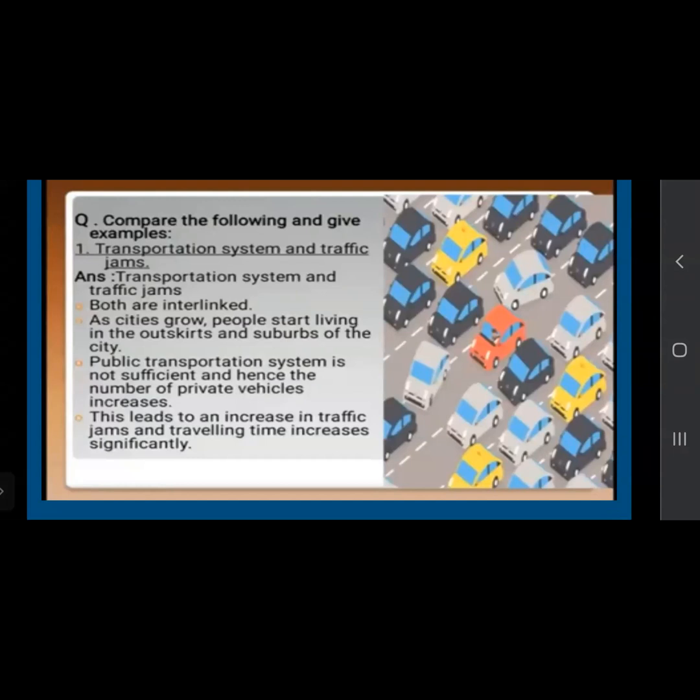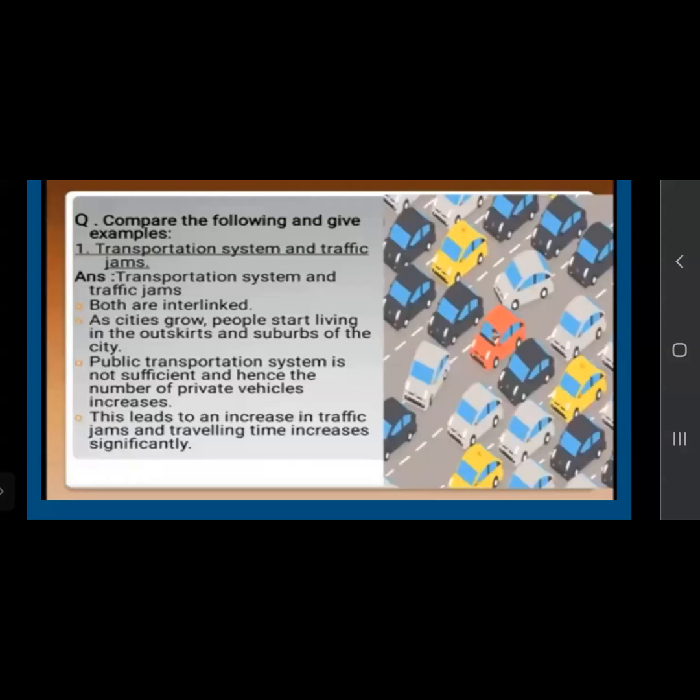As cities grow, people start living in the outskirts and suburbs of the cities. Public transportation system is not sufficient, and hence the number of private vehicles increases. Due to large population, the public transport is not enough for all to travel, so people start purchasing their own vehicles.